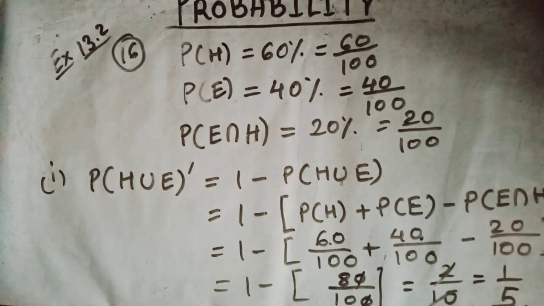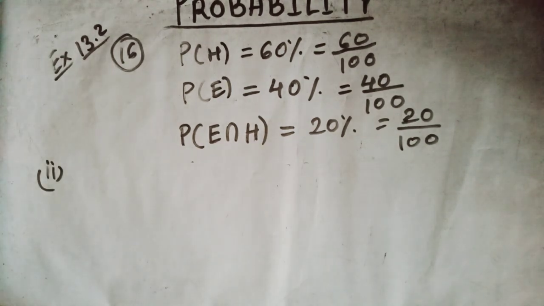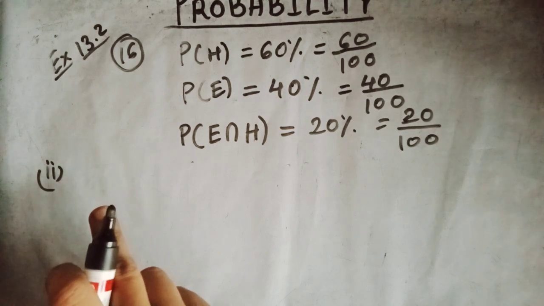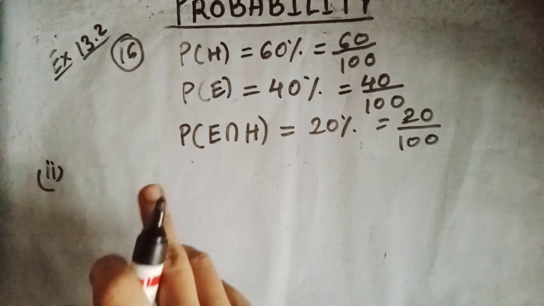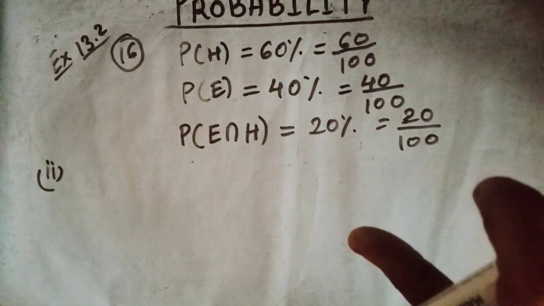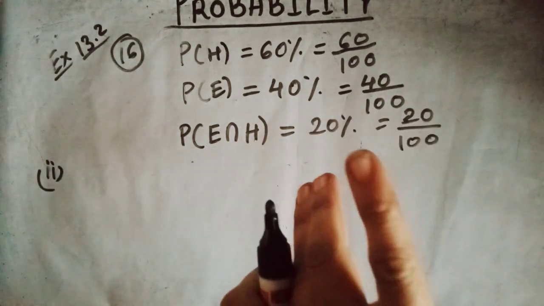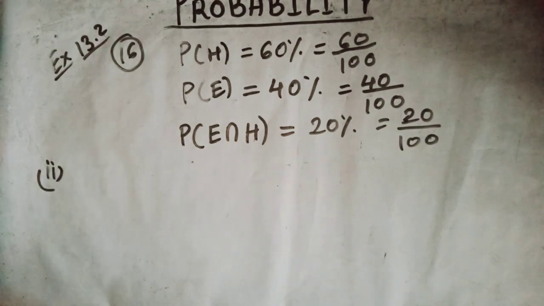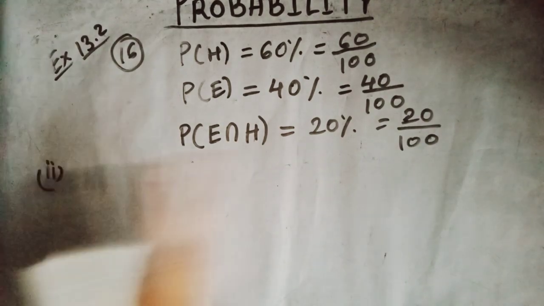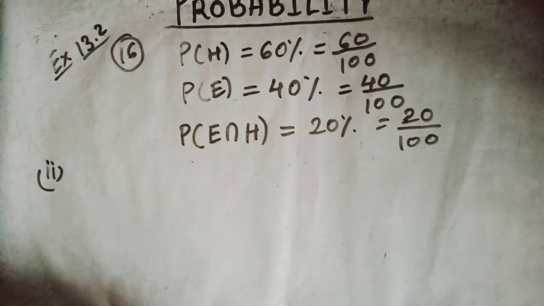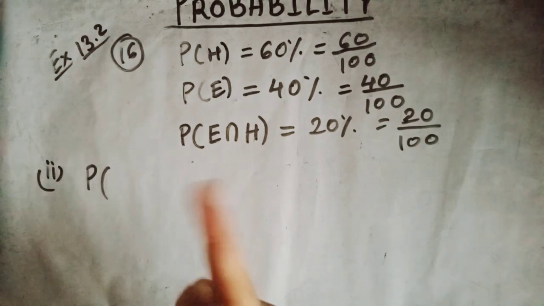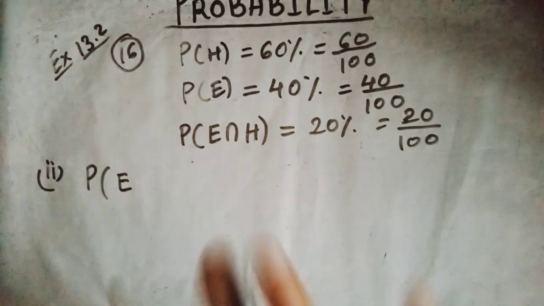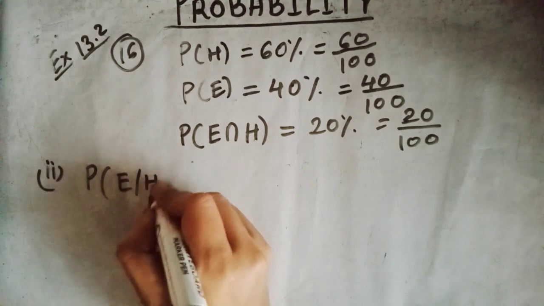Second one is, if she reads Hindi newspaper, find the probability that she reads English newspaper. Means she is already reading Hindi newspaper, so the Hindi newspaper event has already occurred. So this becomes your conditional probability event. You have to find the probability that she reads English when she has already read Hindi newspaper.